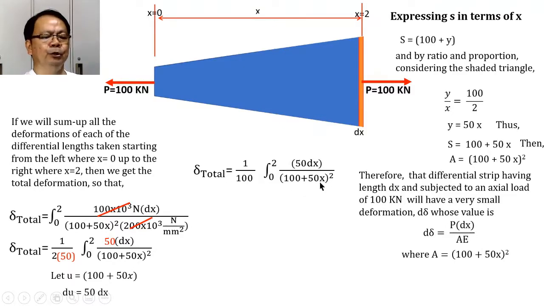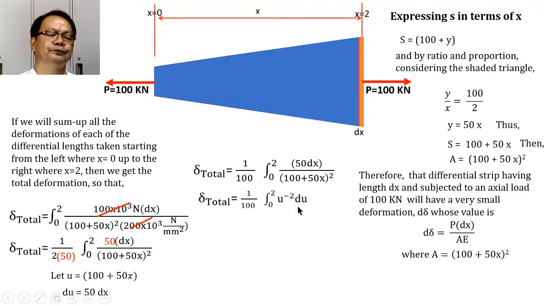And if we're going to substitute that this 50 dx be our du, and 100 plus 50x be our u, then this can be rewritten in the form that we have 1 over 100 times the integral from 0 to 2 of du over u squared, or simply it will be equal to u to the negative 2 multiplied by du.